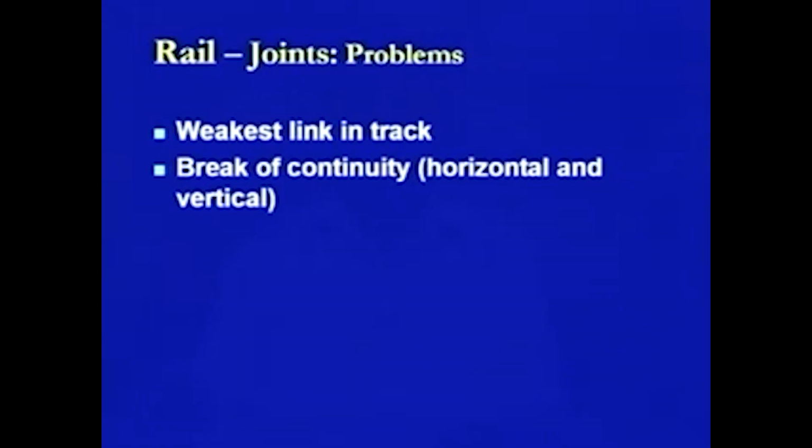If this discomfort is there, everybody will feel that there is some sort of pushing behavior coming from the track. Whereas in the vertical direction also, this break of continuity causes a loss of stability. So, this is another aspect which needs to be taken care of when we are designing or devising the joints.